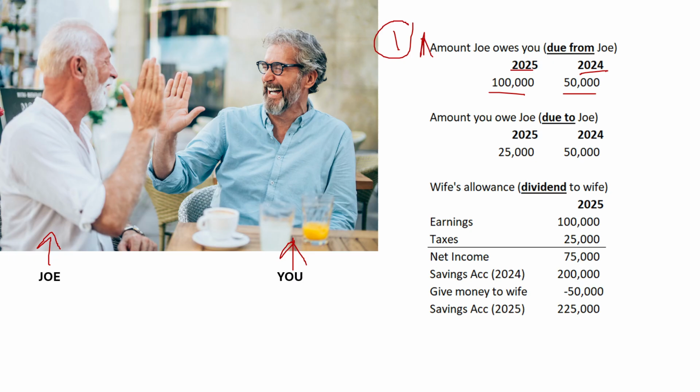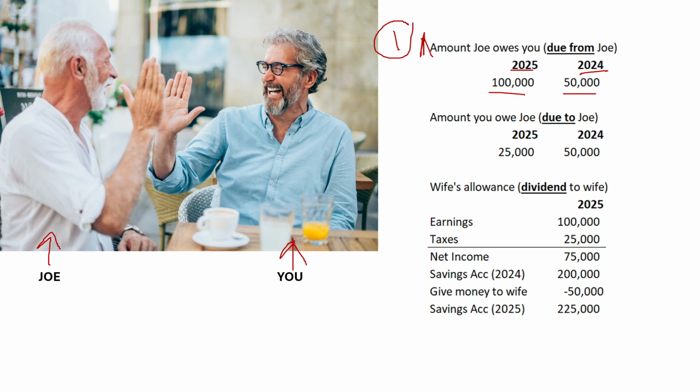You guys are buddies. Sometimes you lend Joe money, sometimes Joe lends you money. The way that you keep tabs is you have a little slip and you write down at the end of each year how much money you owe each other.